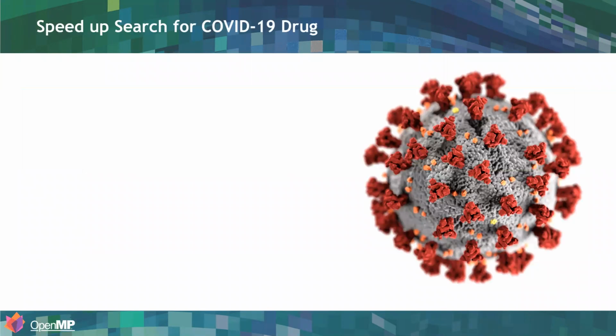The first use case I want to discuss is the speeding up of search for a COVID-19 drug. So when looking for a drug to neutralize the SARS-CoV-2 virus, medical researchers look for molecules that can dock onto the spikes of the virus and stop it.